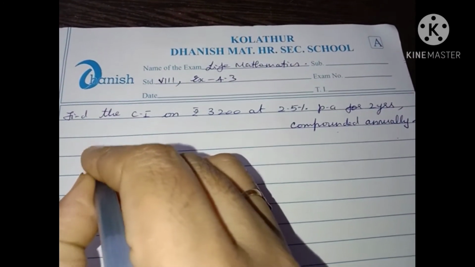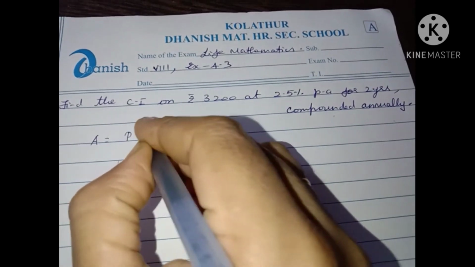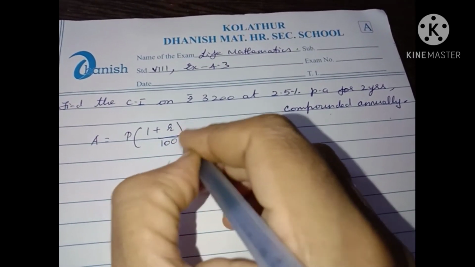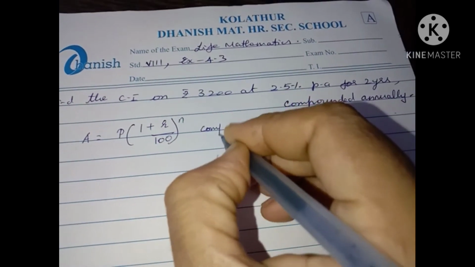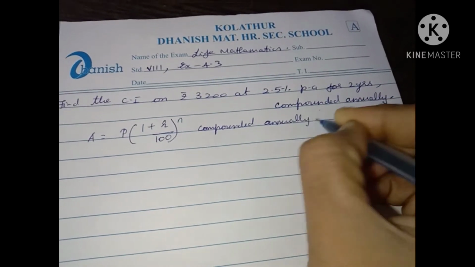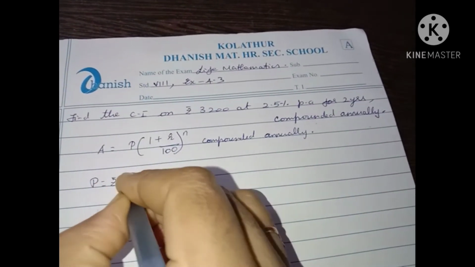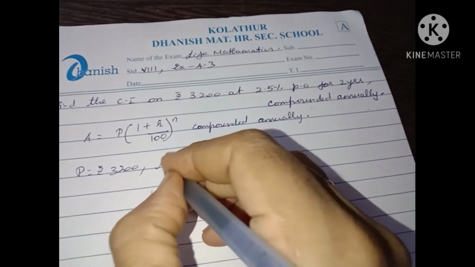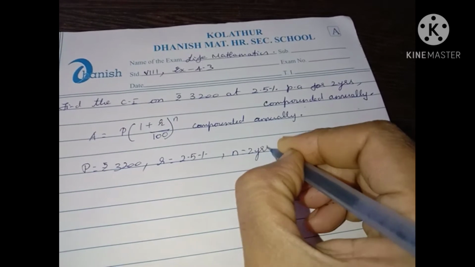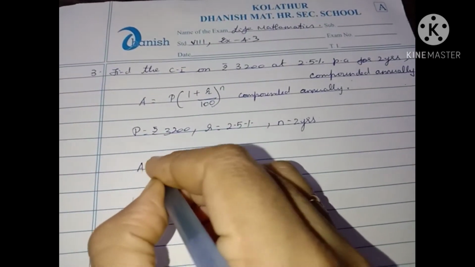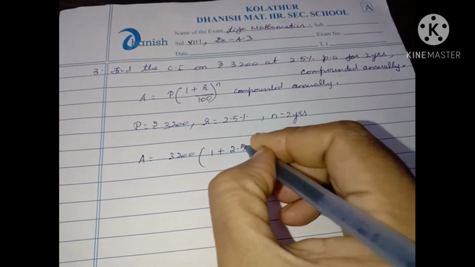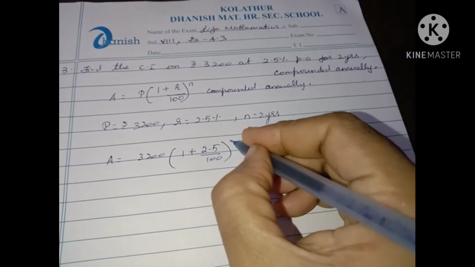Compounded annually means A is equal to P into (1 plus R by 100) the whole power N, where P is equal to rupees 3,200, R is equal to 2.5%, and N is equal to 2 years. Therefore, A is equal to 3,200 into (1 plus 2.5 by 100) the whole power 2.